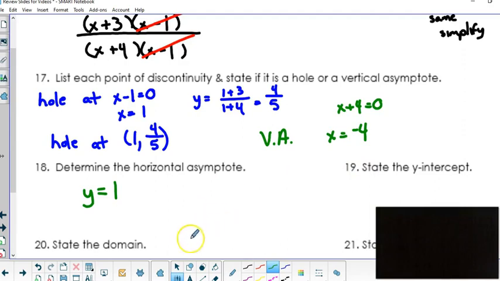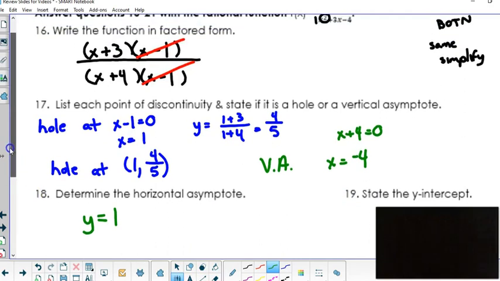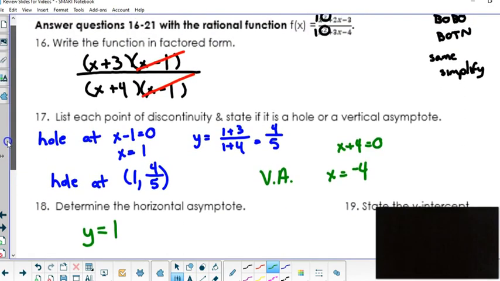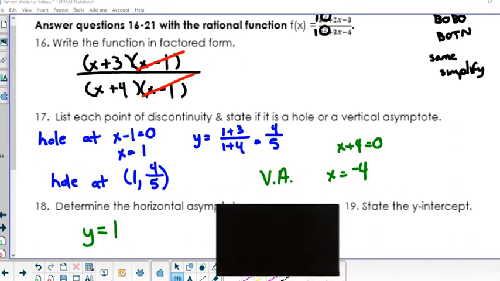State the y-intercept. The y-intercept is where it crosses the y-axis. And how do we find that? By plugging in 0 in place of x. Our easiest way to do that is going to be by plugging into our original expression.